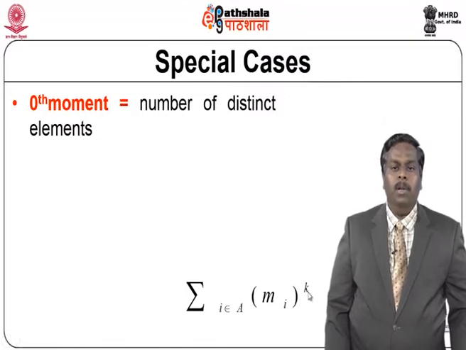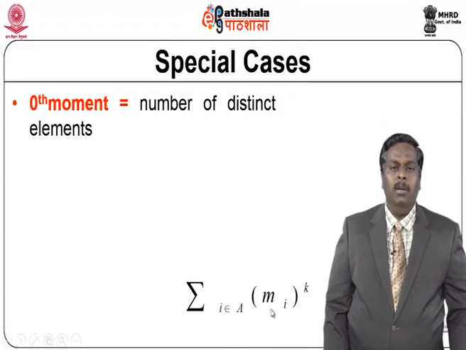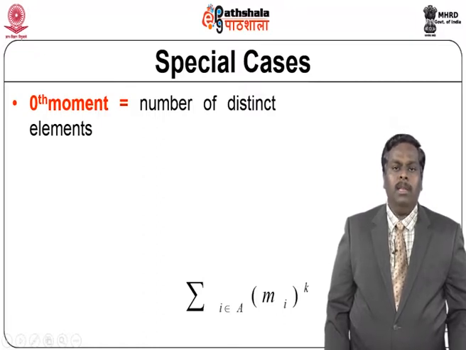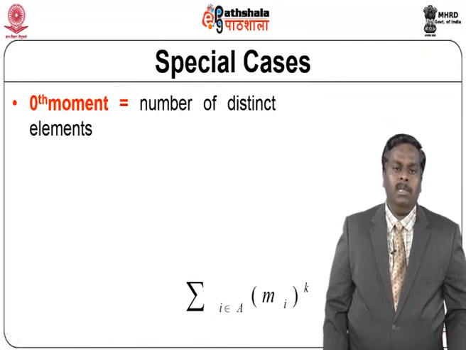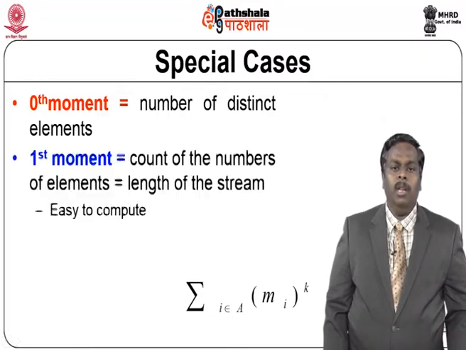Now, if k is equal to 0, we already know m is the number of times a particular element has occurred. So, whatever may be the value of m, m to the power of 0 is going to result in a value 1. So, if it is going to be summation of ones, then it indicates the number of distinct elements that have been identified so far in the given data stream.